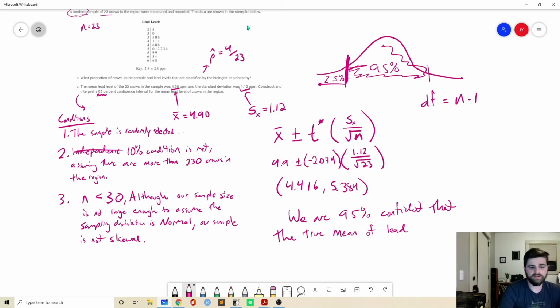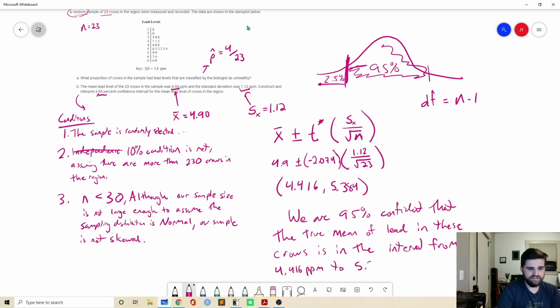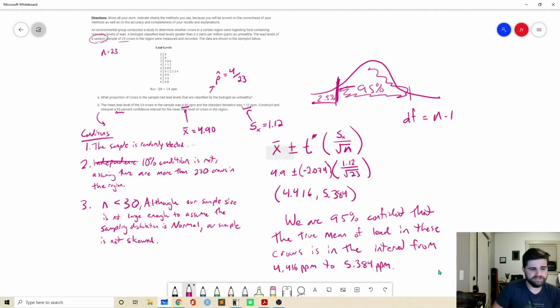Crows in the region. We're 95% confident that the true mean of lead in these crows, so crows in the region, is in the interval from 4.416 parts per million to 5.384 parts per million. Okay, so there's our final answer.